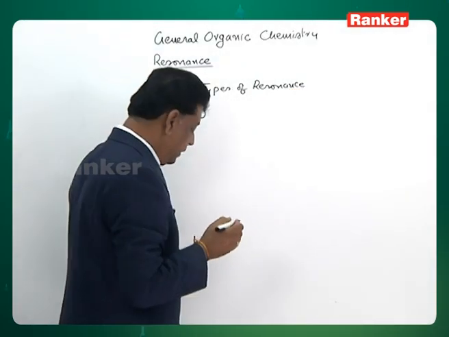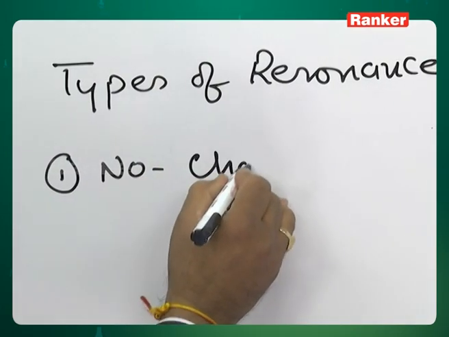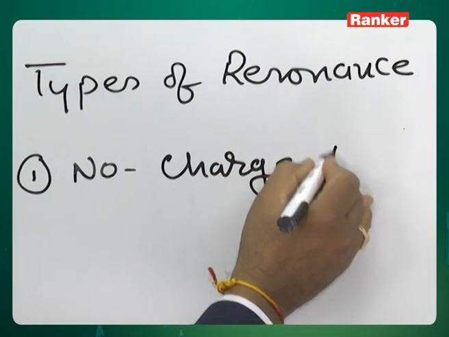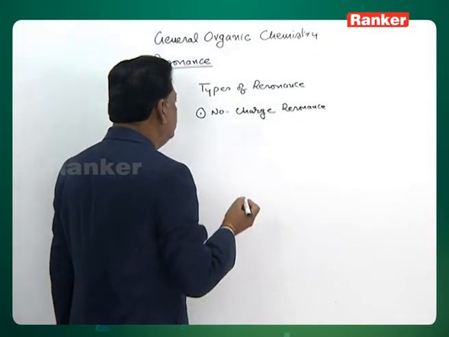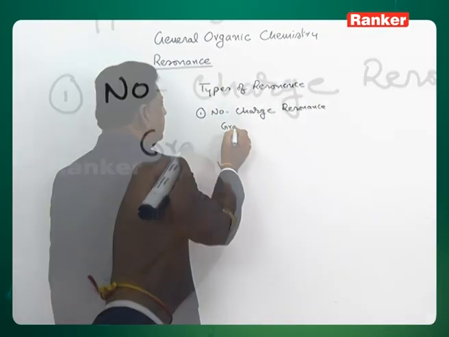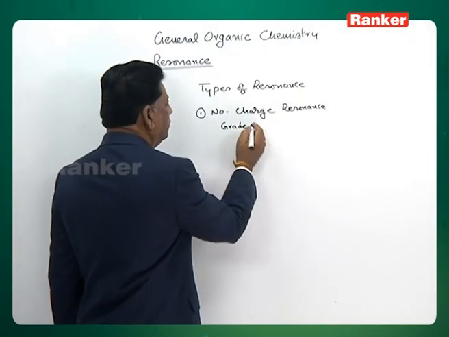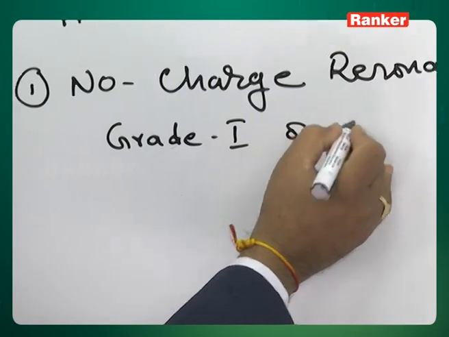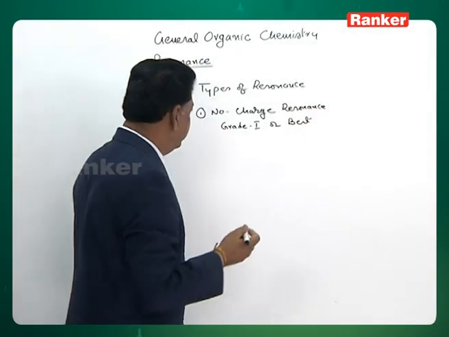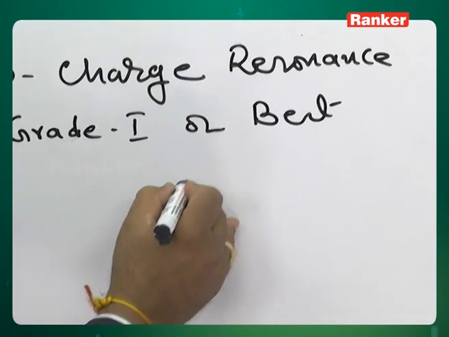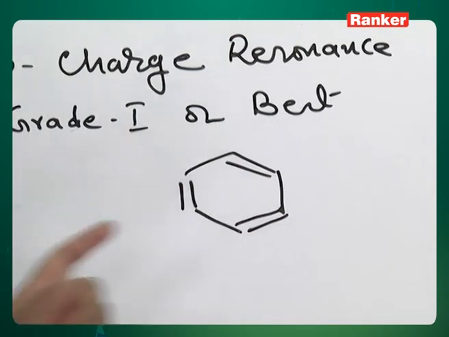The number one type, we can call it a no charge resonance. You can call it grade 1, or you can say the best type of the resonance, the best variety of the resonance. One example of this category is benzene, which has 3 double bonds.